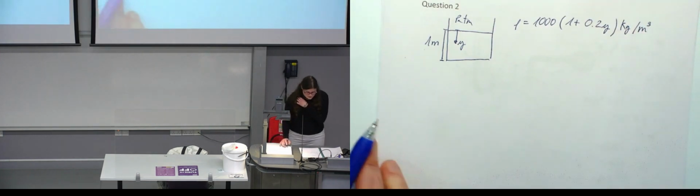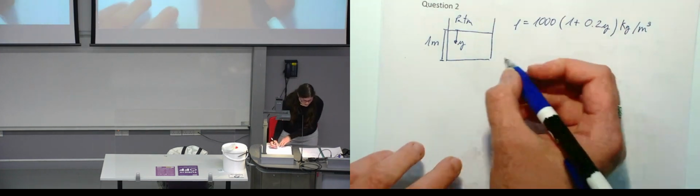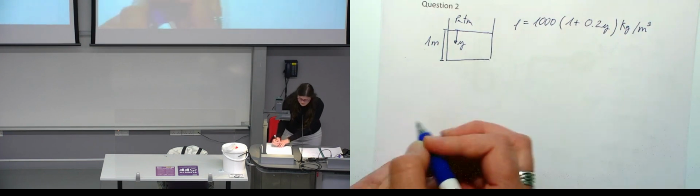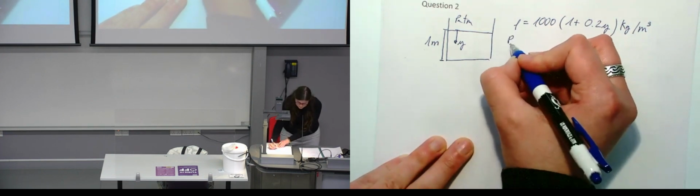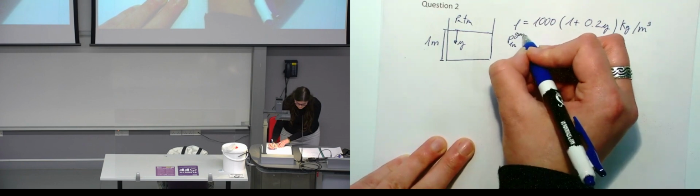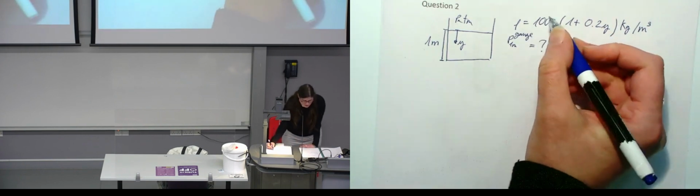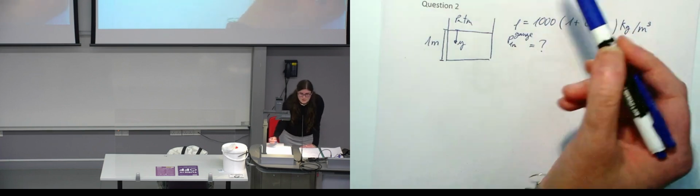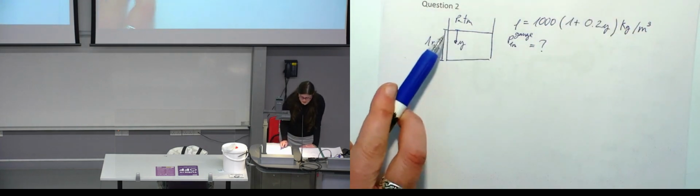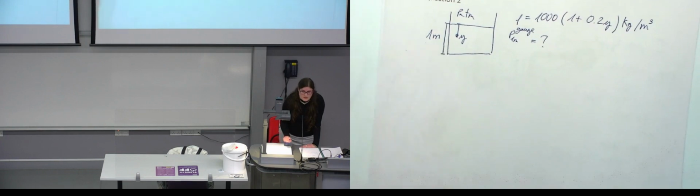And then it's asking us the gauge pressure at 1 meter. The gauge pressure means the difference between the pressure at the top and at the bottom, so without taking into account the atmospheric pressure.